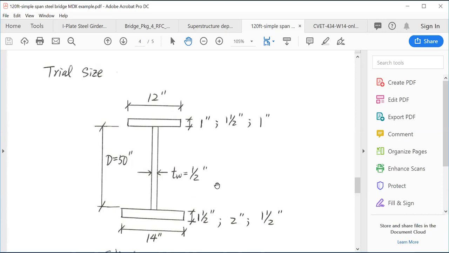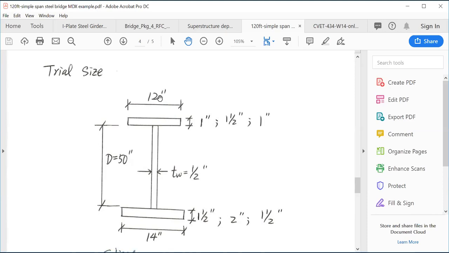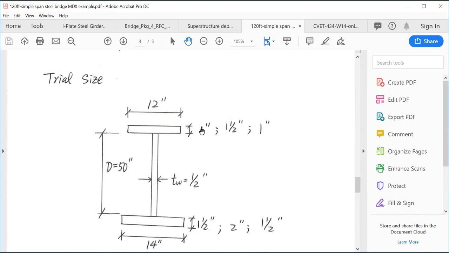I use this size to start, and then based on the rating ratio, if I find the shear doesn't work, I will increase the web thickness. And if I find the bending doesn't work, I will increase the size, either the width or thickness. I will increase the thickness of the flange first. If it already exceeds 2.5 inch, I will increase the width of the flanges.